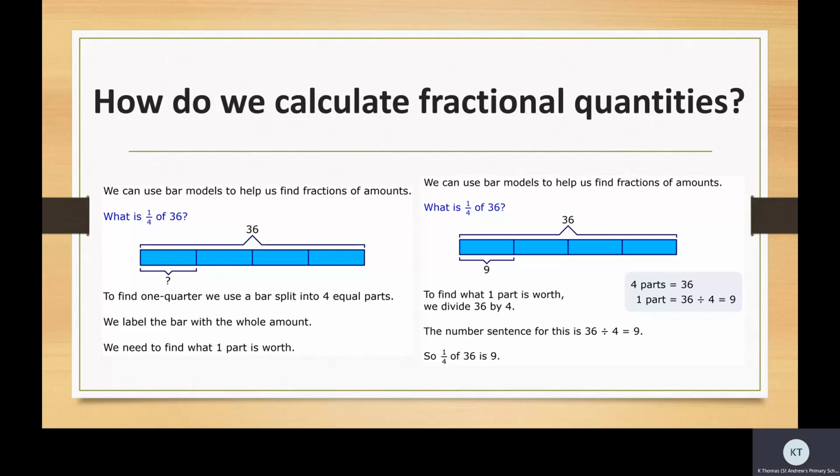To find what one part is worth, we divide 36 by 4, because 36, remember, is the total amount I've got, and I need to split that into 4 equal pieces. So 36 divided by 4 is 9. So one part of my bar is worth 9. And the number sentence for that is 36 divided by 4 equals 9. So using that information, I can say 1/4 of 36 is 9.